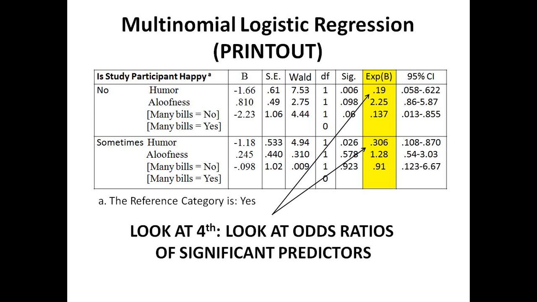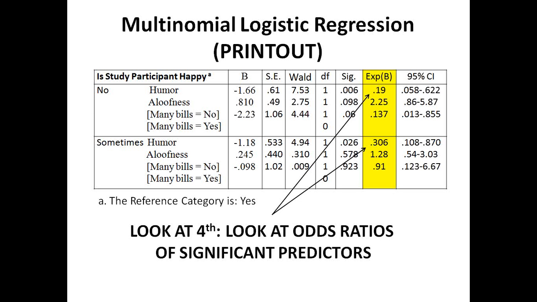Now here's a little trick here, me being tricky. So then we look at the odds ratios. You need to remember this. Whenever you have a continuous variable, the odds ratios are not interpreted the same as if it's categorical. So if we have an odds ratio like the many bills monthly and it's 10, they're 10 times more likely or less likely to be happy.